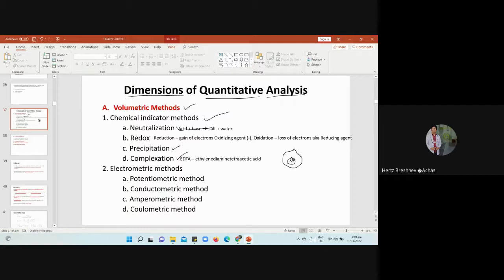The outside portion of the EDTA is polar. EDTA is used as an antidote because it has dual characteristics: non-polar in the middle, polar on the outside. What will be the advantage of that? The EDTA can attract non-polar substances.